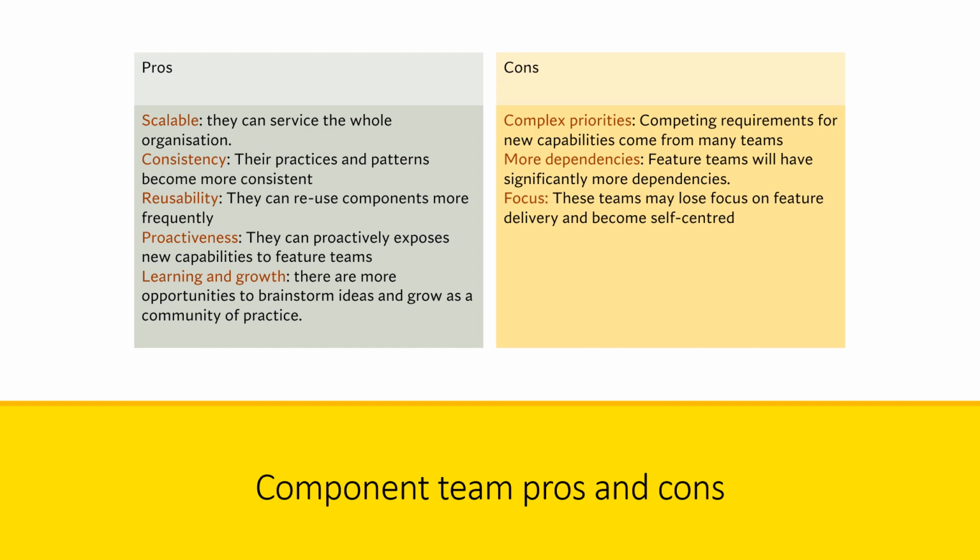Proactiveness. In fact, not only is this one of the benefits of using this structure, it's one of, in my opinion, the requirements as well. For these teams to be successful, they need to be proactive. They need to always be ahead of the game when it comes to what feature teams need.